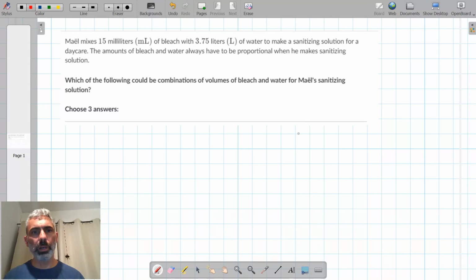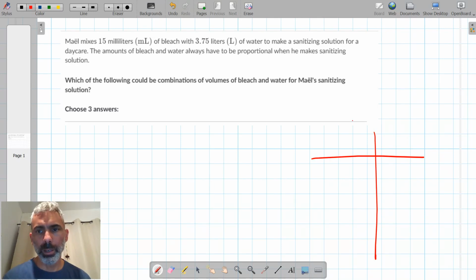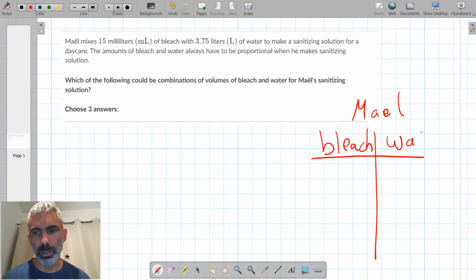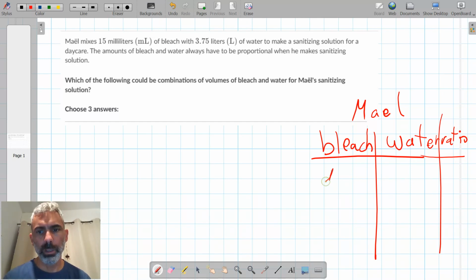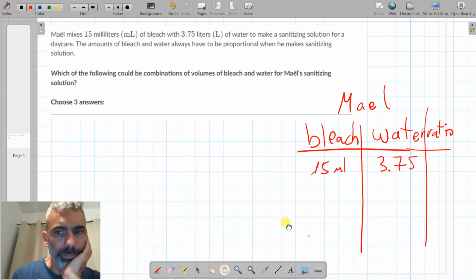Okay, so before we look at the options, let's see the ratio between bleach and water. Mael uses a combination of bleach and water, and the ratio is 15 milliliters per 3.75 liters.